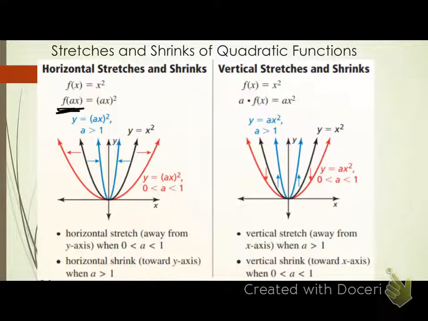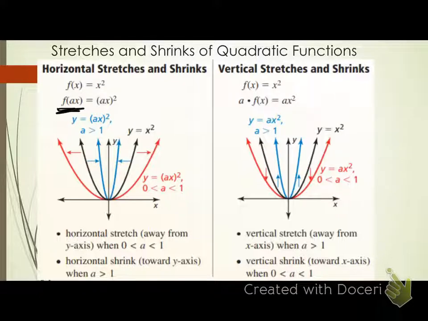So I get ax squared. So when my factor is between 0 and 1, that's going to be a horizontal stretch, which is being stretched away from the y-axis. So it's getting wider. Whenever my a value is greater than 1, I'm shrinking it towards the y-axis. It's a horizontal shrink towards the y-axis, so it's getting skinnier.